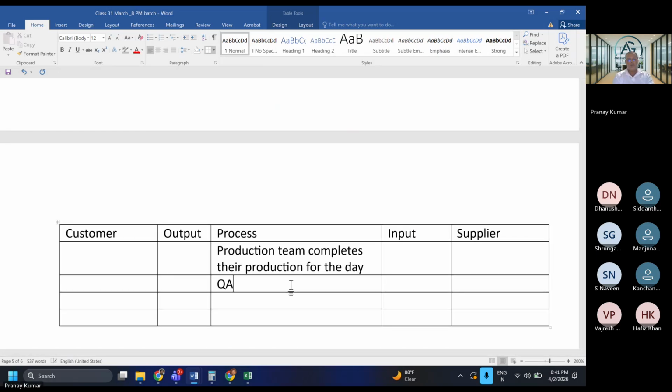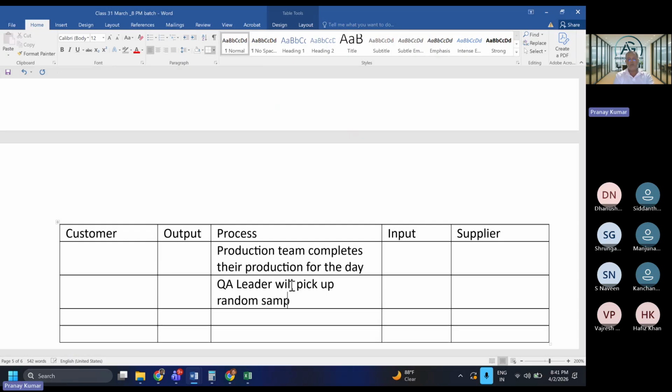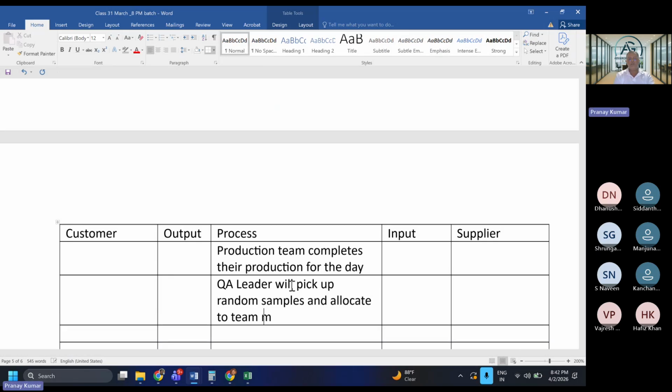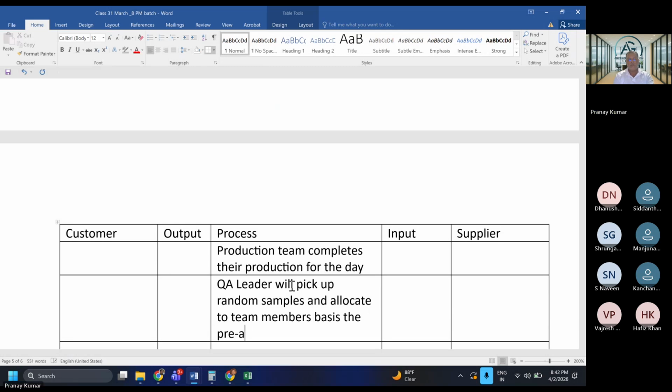QA leader will pick up random samples and allocate to team members basis the pre-agreed numbers.